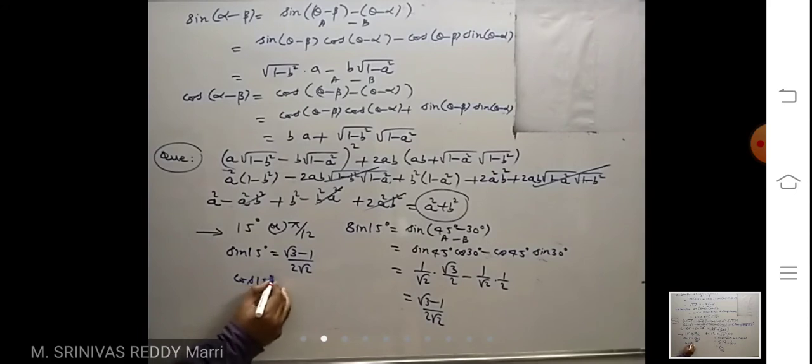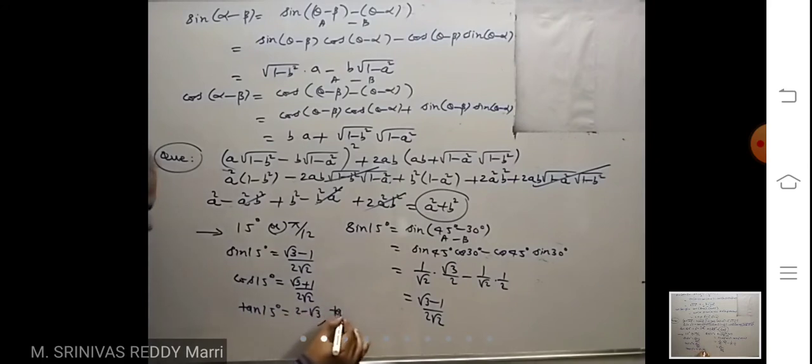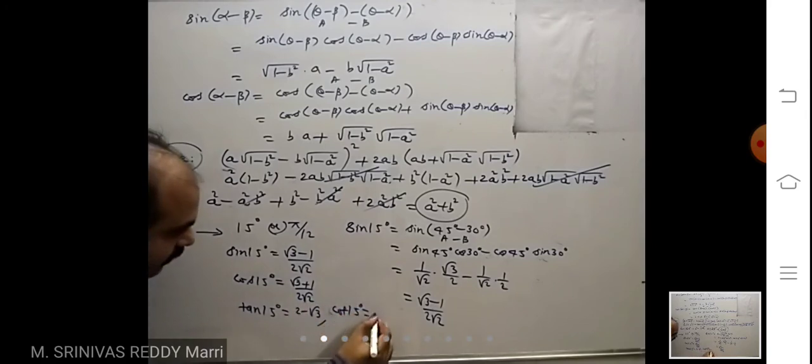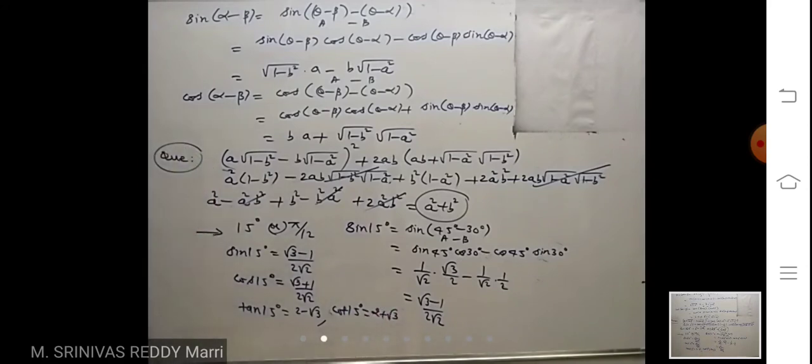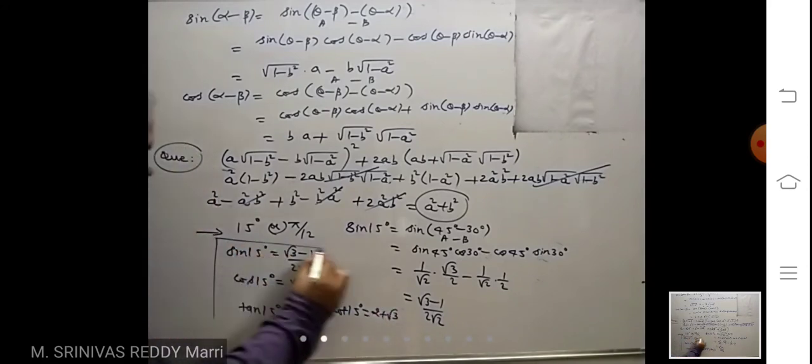Cos 15 degree, now this will become one of the values you know from now onwards. So tan 15 is nothing but 2 minus root 3. Cot 15 is nothing but 2 plus root 3. These values must be remembered.